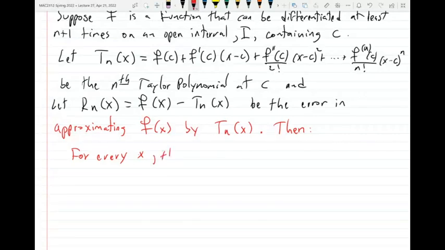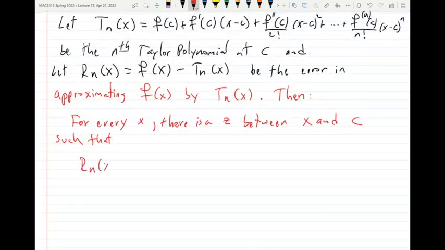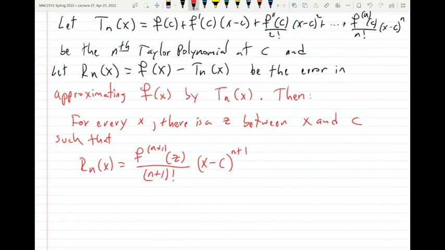For every x, there is a z between x and c such that Rn of x is equal to the n plus first derivative of the function evaluated at this mysterious z, over n plus 1 factorial, times x minus c to the n plus 1. This is the Lagrange version of Taylor's remainder, and this formula is very useful.